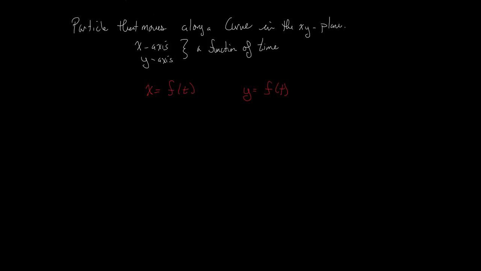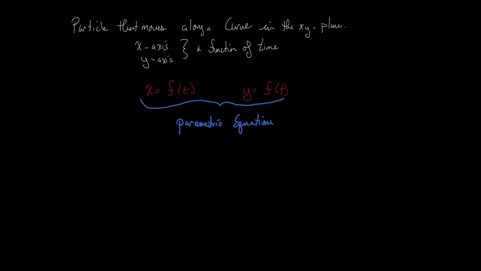And t doesn't always have to be time, but I will tell you that for most applied situations I've seen involving parametric equations, this is actually a function of time. So these are our parametric equations.